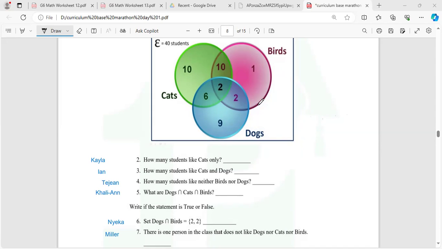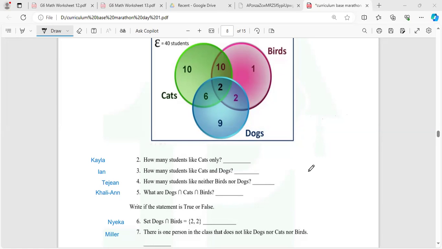Kayla, you're up first. Okay. So for the answer for number 2, even though it's supposed to be number 1, it says how many students like cats only. And from that, for the cat circle, it says 10 in the circle, but there are other numbers: 10, 2, and 6.